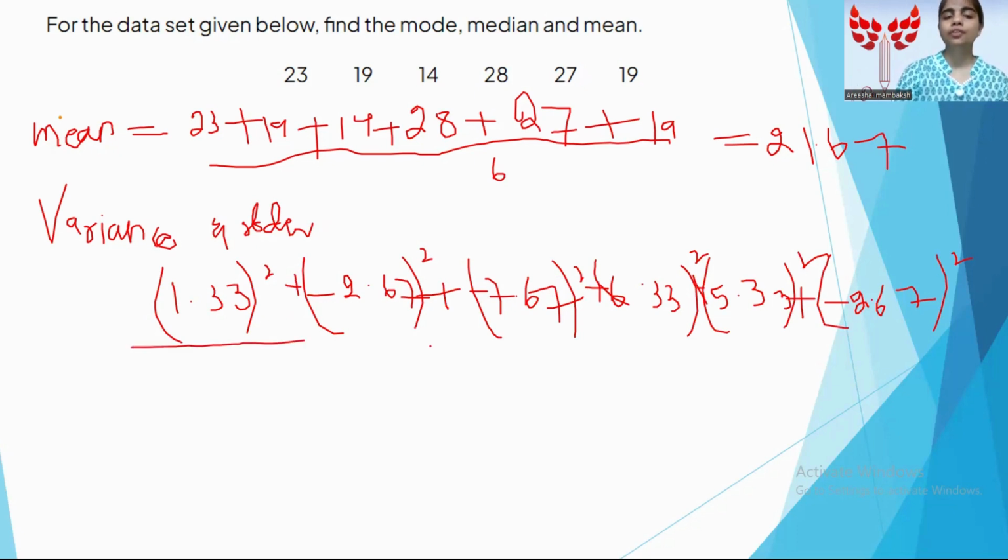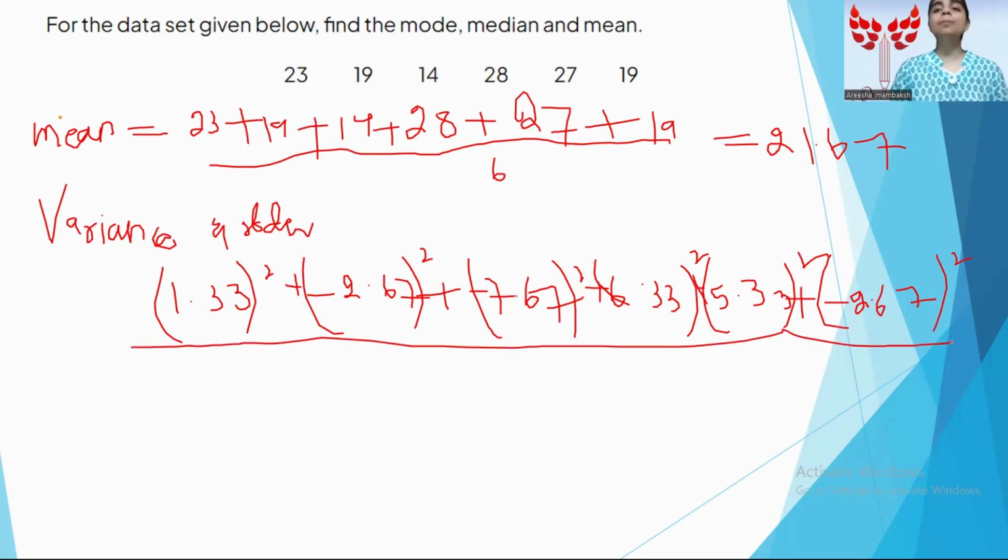And then you're going to divide it by, now if it is a population, we have already discussed population and sample in the previous video. If you haven't watched that video, you need to go to that video first to understand what is population and sample. It's even pinned here, so you can click on it.